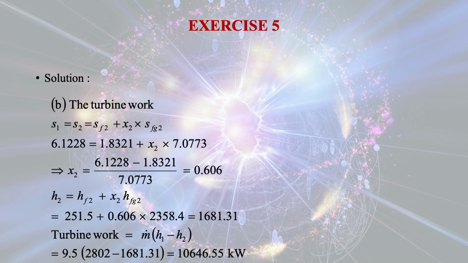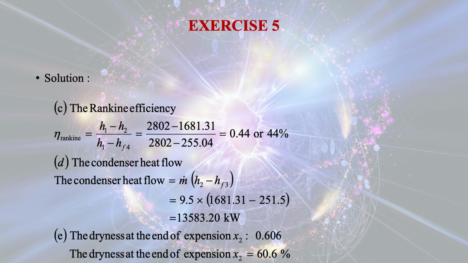You know H1, you know H2, and for this problem we get the turbine work as 10646.55 kilowatt. The Rankine efficiency is nothing but net output by net input, where net output is H1 minus H2 and the input is H1 minus HF4. All these values are known. If you put the values you will get the Rankine efficiency as 0.44, which is 44%.